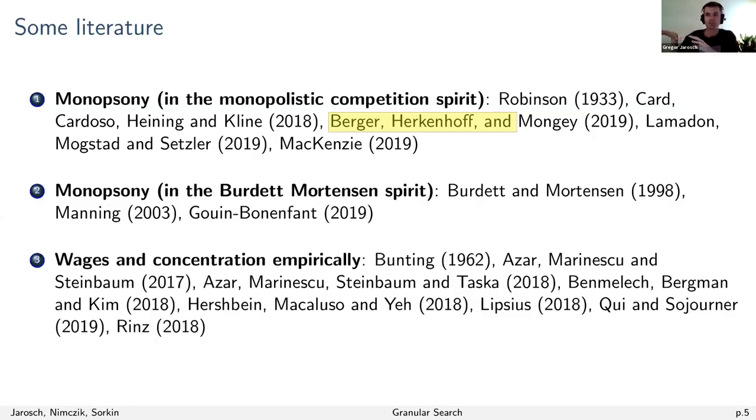The key distinction, in my view, between that body of work and ours is that we're really working in a setting where, first, market power fundamentally derives from being sizable, being large, not from having a certain elasticity associated with your local labor supply curve. And second, our mechanism is a pure model of rent extraction.